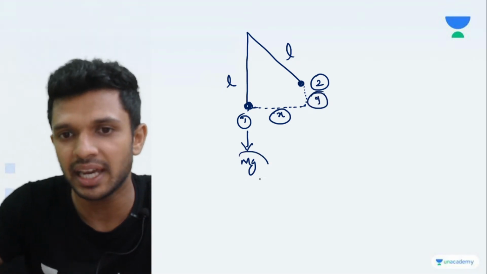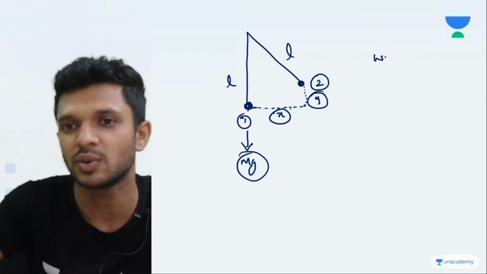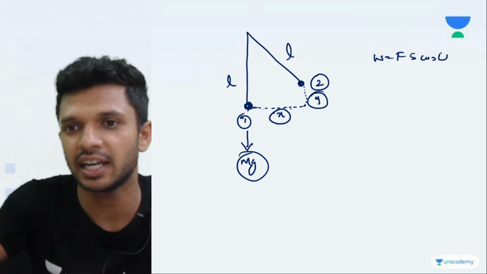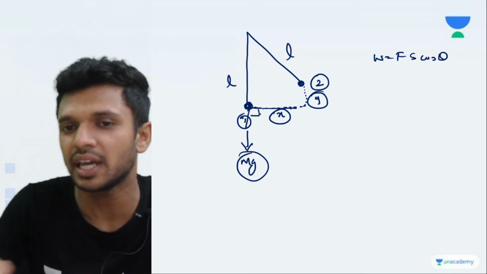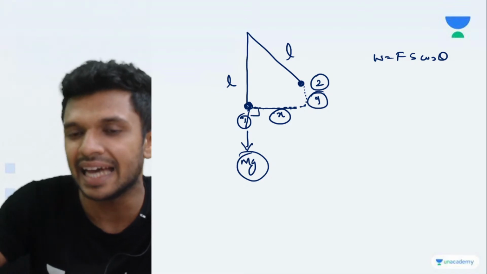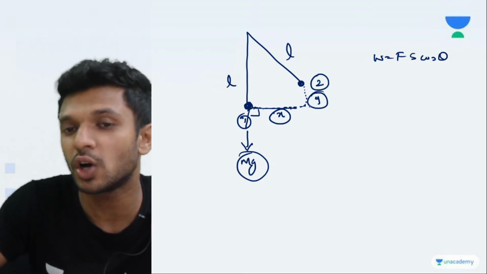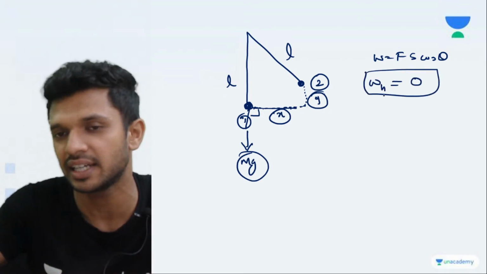What is the work done by mg when it moves along the x direction? Work done is equal to F s cos theta. What will be the angle when the particle is moving along x? 90 degrees. Force is downward and x is making a 90 degree angle. So the work done when the particle has made a horizontal displacement is zero.